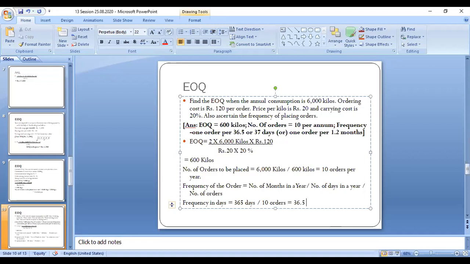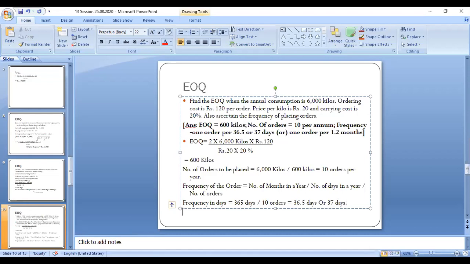So we have to order every 37 days. So 36.5 days or 37 days. After completing 37 days, the next order is to be placed. After completing another 37 days, the next order will be placed.